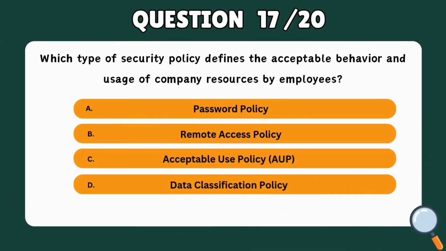Question 17. Which type of security policy defines the acceptable behavior and usage of company resources by employees? A. Password policy. B. Remote access policy. C. Acceptable use policy. D. Data classification policy.